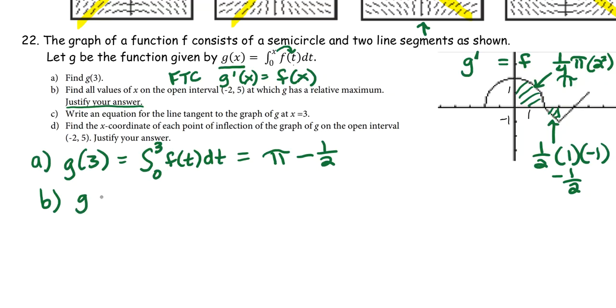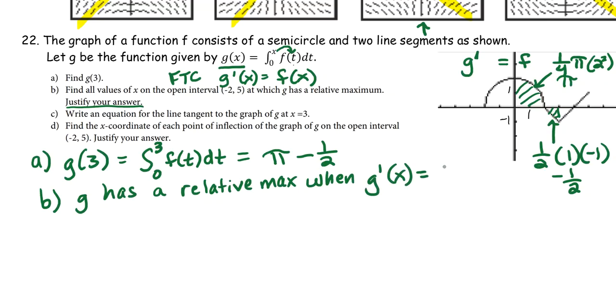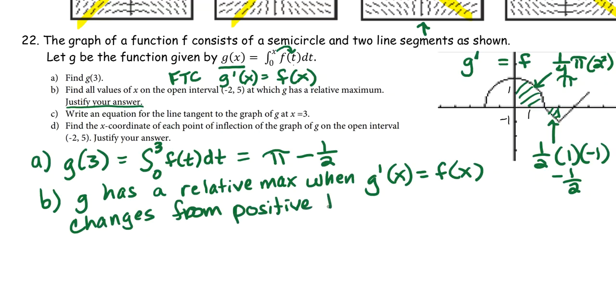So I'm going to use the first derivative test theorem. g has a relative max when g prime of x, and now you must justify that it's the same as your graph of f, changes from positive to negative at x equals 2.